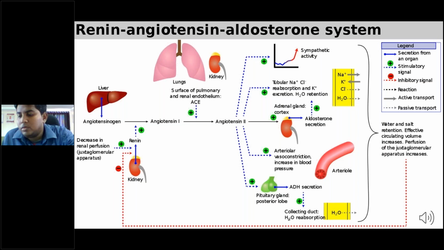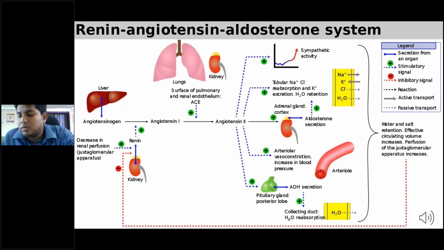Angiotensinogen converts to angiotensin 1 and then angiotensin 2 by angiotensin converting enzyme. Angiotensin 2 has wide functions. The main function related to today's topic is that angiotensin 2 promotes aldosterone secretion from the cortex, and aldosterone regulates sodium and potassium levels by acting on the tubule of the kidney.